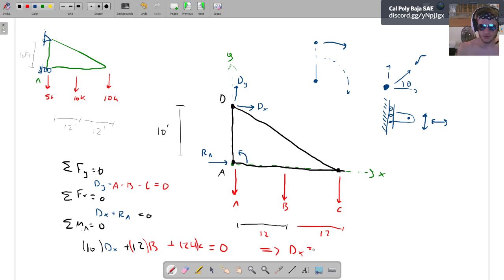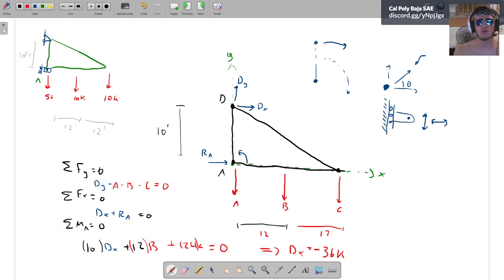So dx equals minus 36k. K, when you talk about forces with a k on the end, it's just shorthand for 1,000. So this is 10,000 pounds. So this would be 36,000 pounds, opposite the direction we showed it.